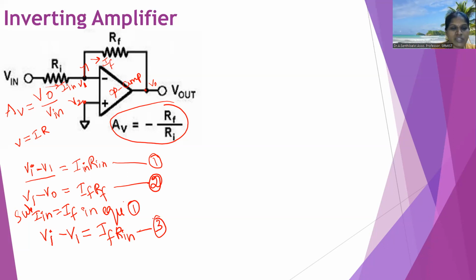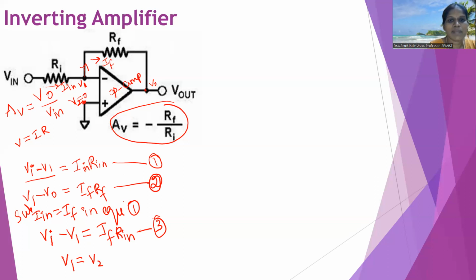Another assumption: in an ideal operational amplifier, we know that V1, the voltage at the inverting terminal, and the voltage at the non-inverting terminal are equal. See here, the non-inverting terminal is connected to ground, that's why this value is 0.